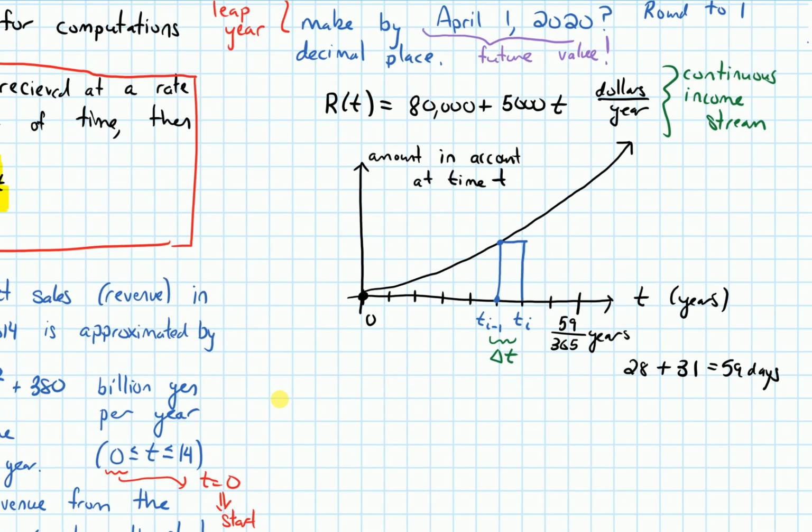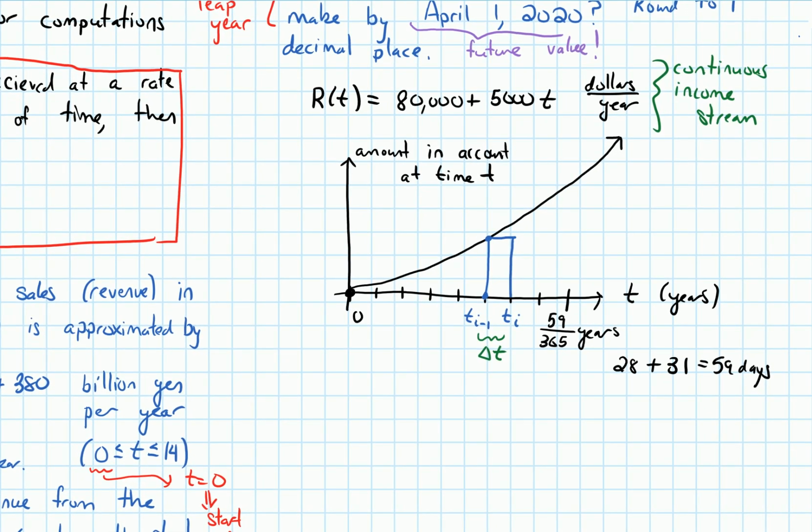Okay, so I'm going to look at this subinterval, the interval from t sub i minus 1 to t sub i. On that subinterval, how much is she depositing? Well, we can approximate how much she's depositing by using the rate of change of her revenue initially on that subinterval.